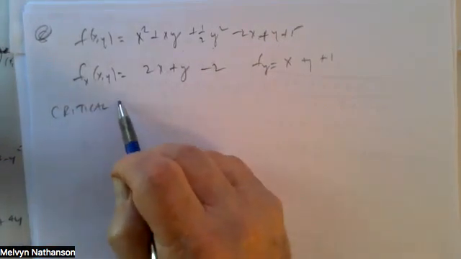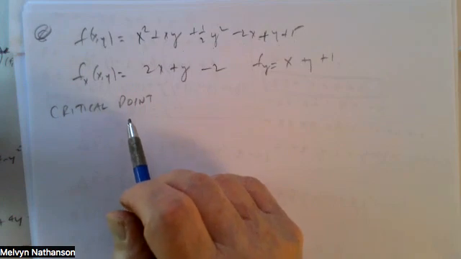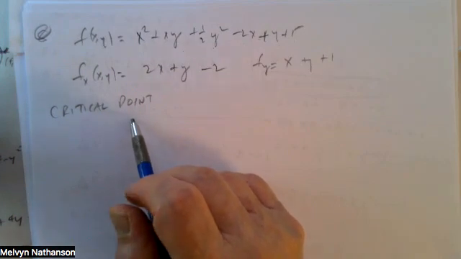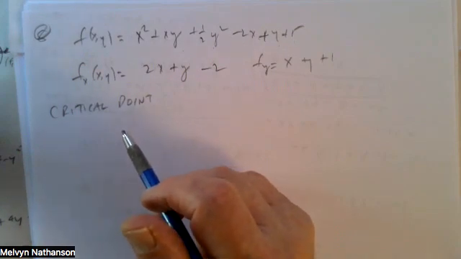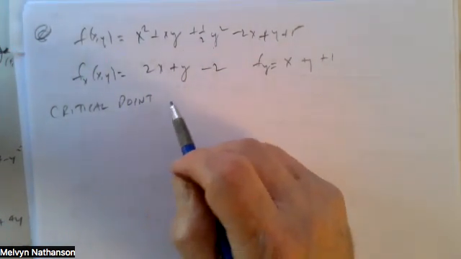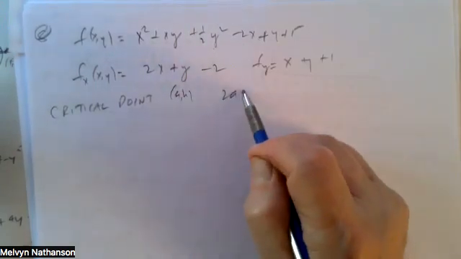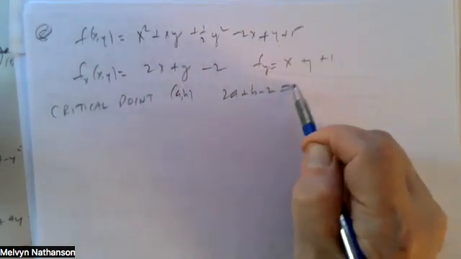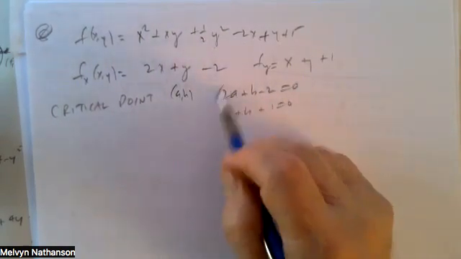So you have a critical point at a point where both partial derivatives are 0. So (a, b) is a critical point if 2a plus b minus 2 is 0, and a plus b plus 1 is 0.